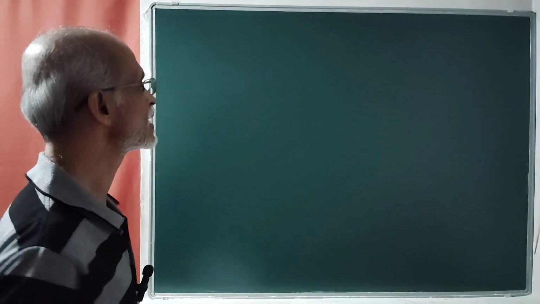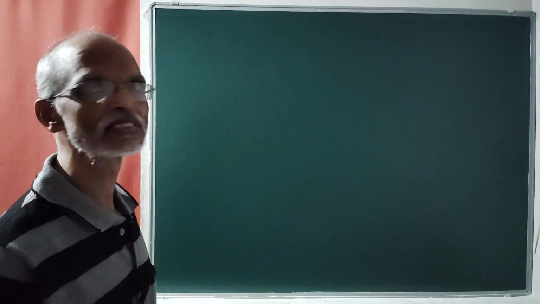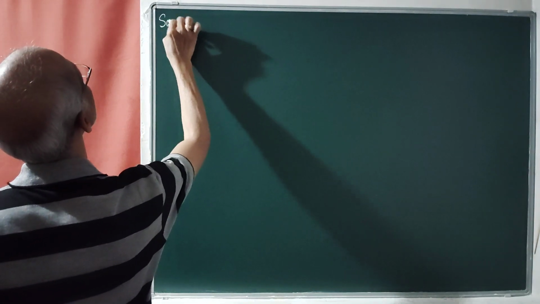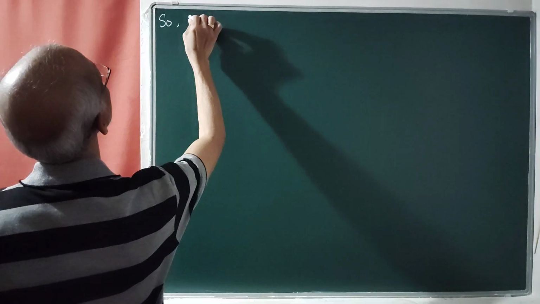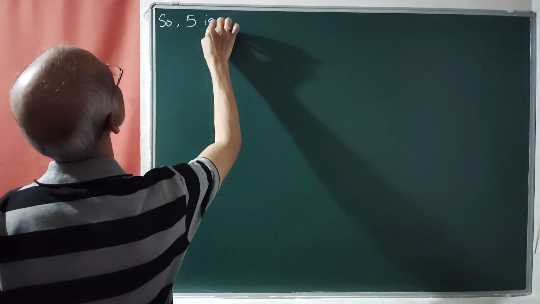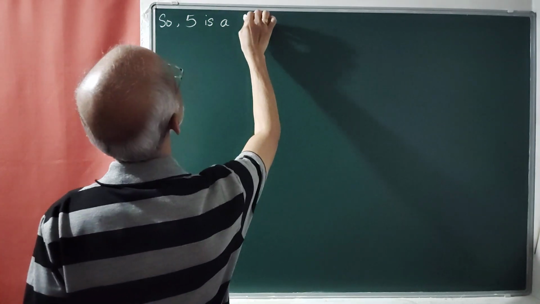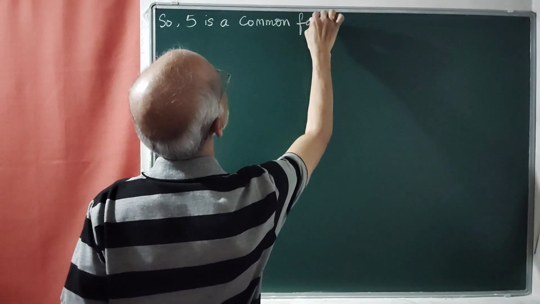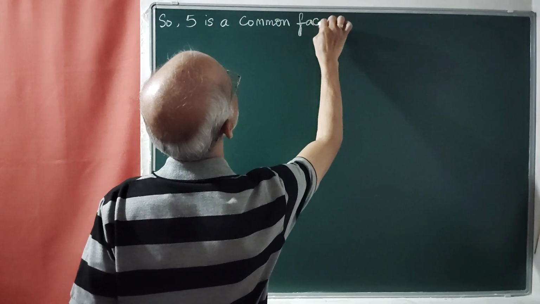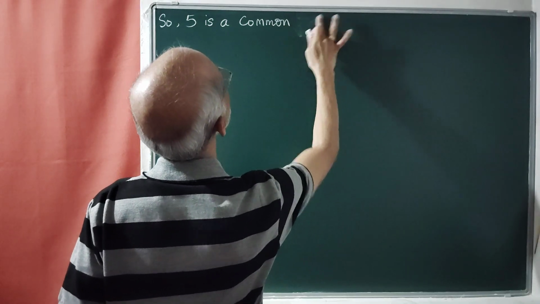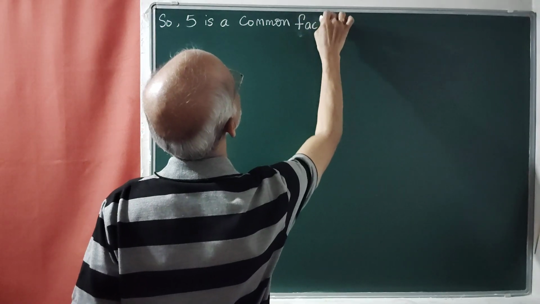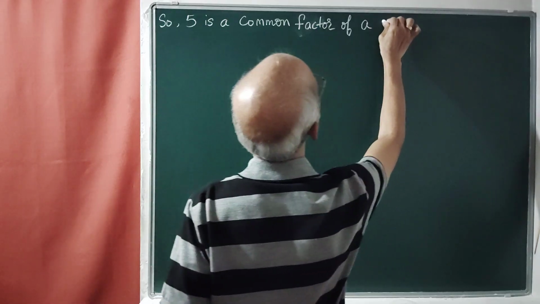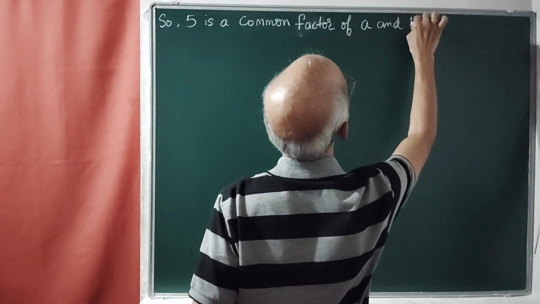We have shown that a and b are both divisible by 5. So, 5 is a common factor of a and b.